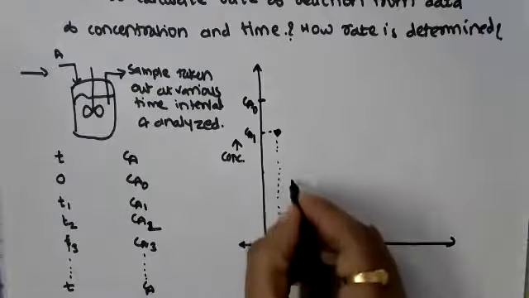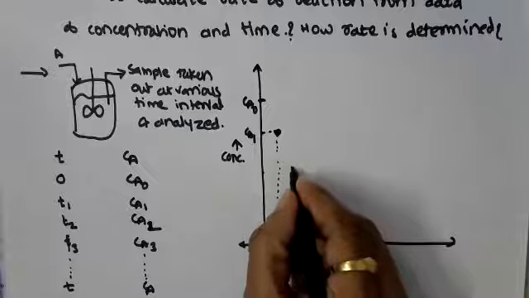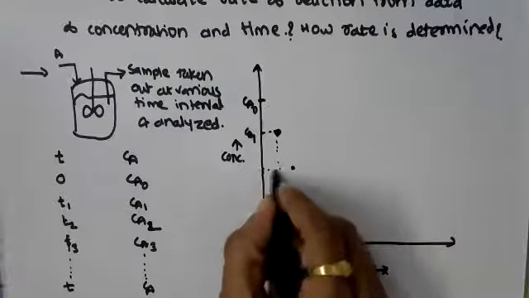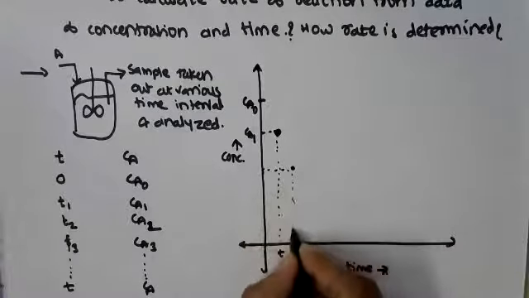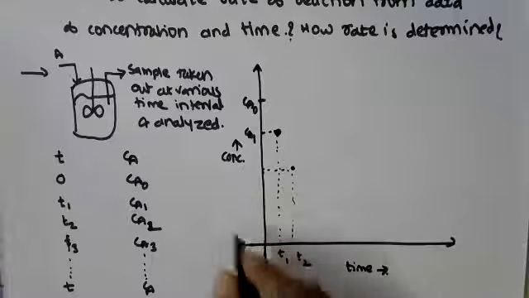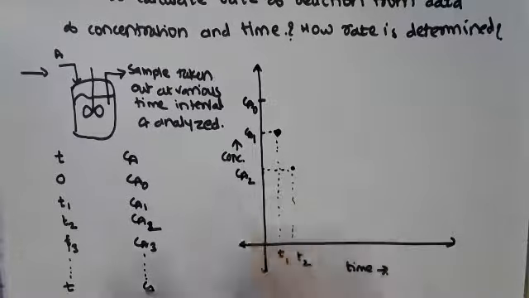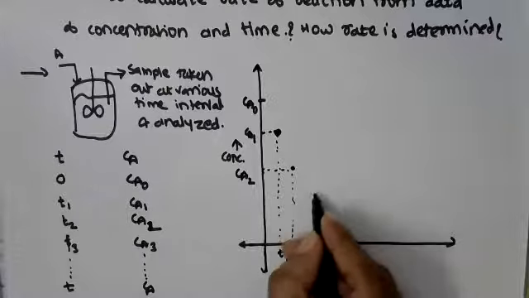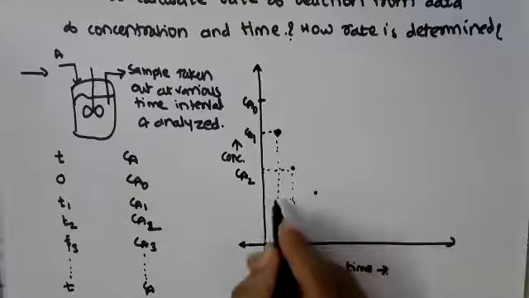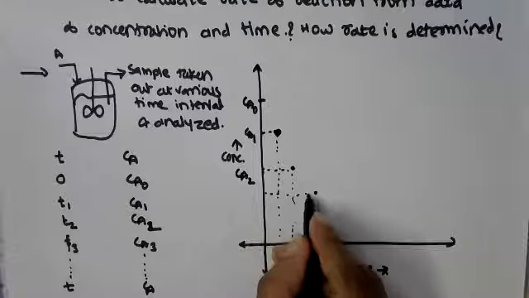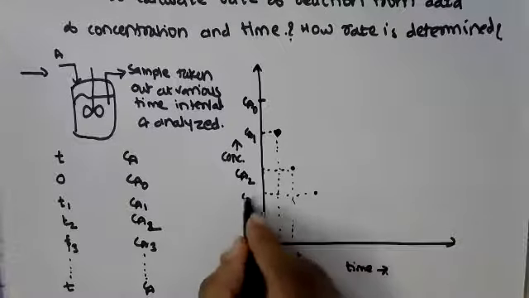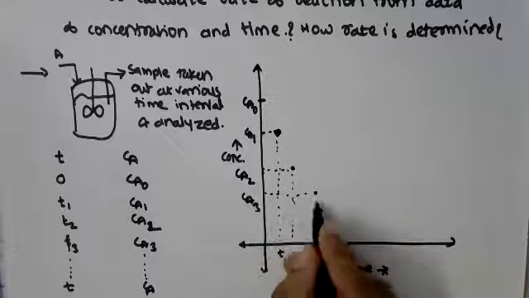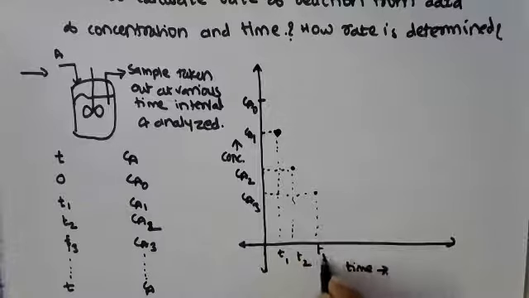Then say the next sample was taken out at time T2 and corresponding concentration is CA2. Likewise, T3 and corresponding concentration is CA3.